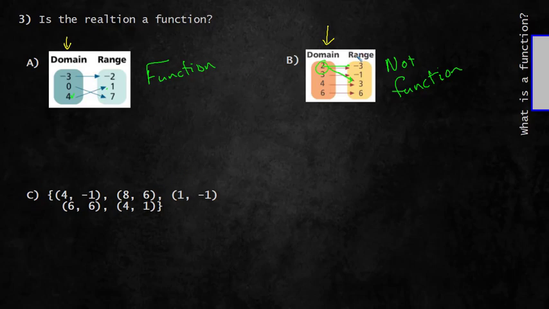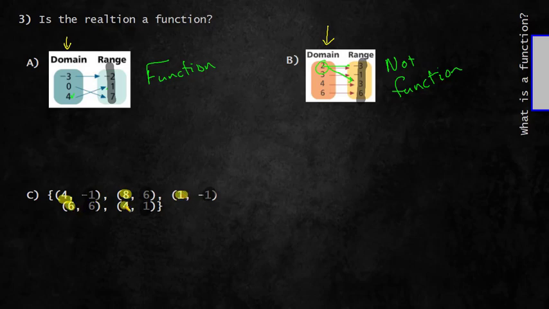Now, when it's listed like this, you want to ignore your range. It doesn't matter, so pretend like it's not there. The same thing is true when we have ordered pairs. We're going to ignore your y values. Are there any x values that get used more than once?